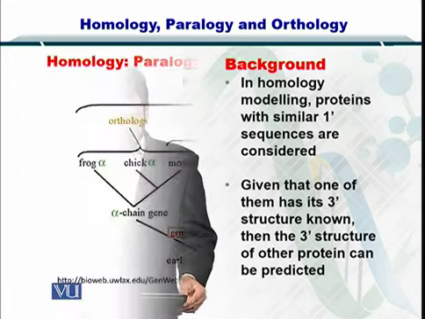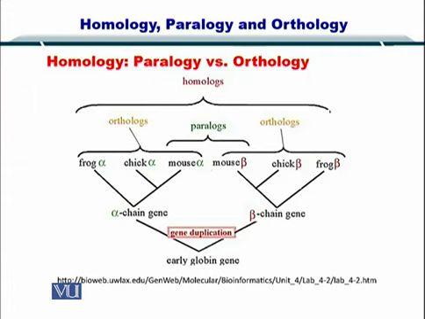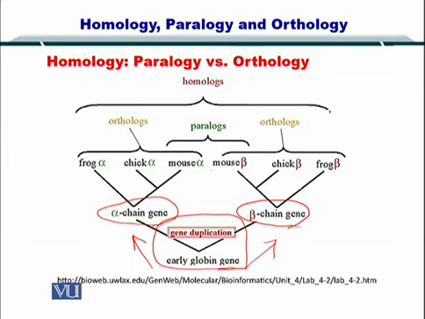So let's start with homology, paralogy, and orthology. So as you can see here, if a specific gene during the process of evolution gets duplicated and diversifies into different proteins over time, such as the example here, alpha chain gene and beta chain gene, which are essentially coming from the early globin gene.